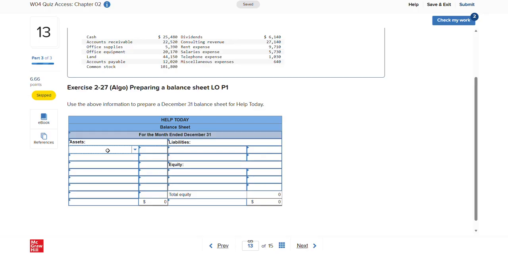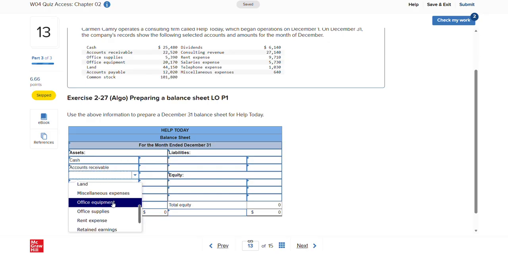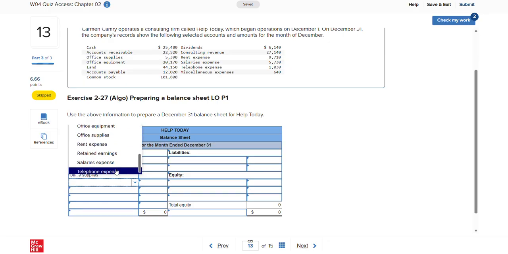So what were all the assets? Cash is an asset. Accounts receivable is an asset. Office supplies, office equipment, and land. So it makes it super easy. The first 5 things are your assets: cash, accounts receivable, office supplies, office equipment, and land.